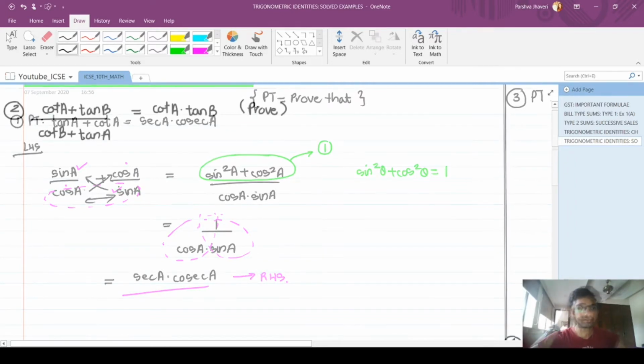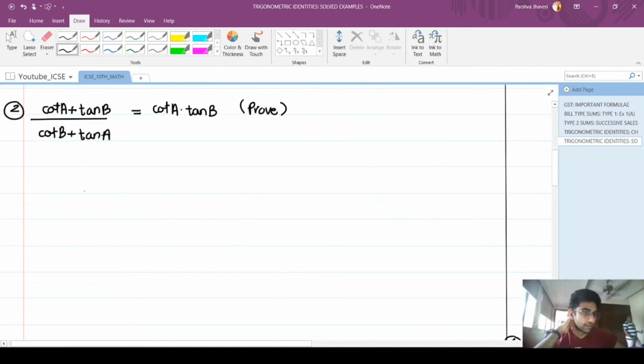That is how it is done. Next: prove that (cot A plus tan B) upon (cot B plus tan A) is equal to cot A tan B. Again, if you don't know what to do, you might get confused. If you don't know what to do, convert the sum in terms of sine and cos. We know that cot A is nothing but cos A upon sin A, plus tan B. Tan B is nothing but sin B upon cos B. Remember, the angle has to stay the same.